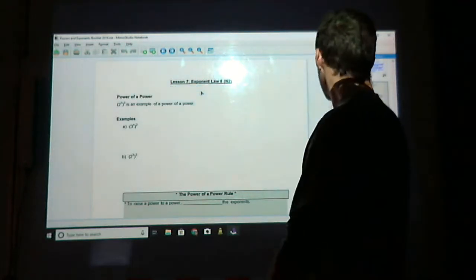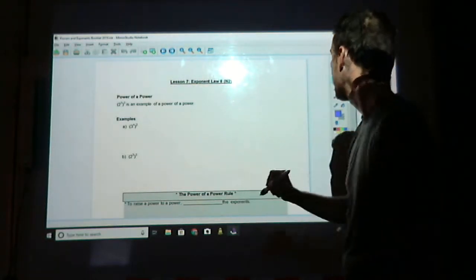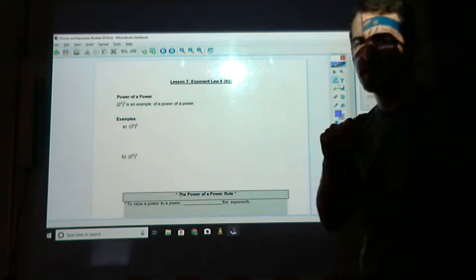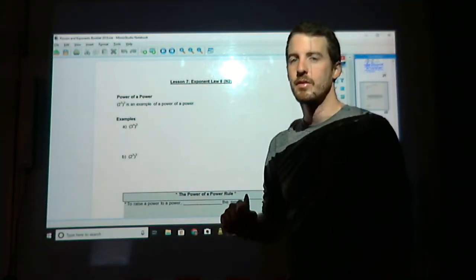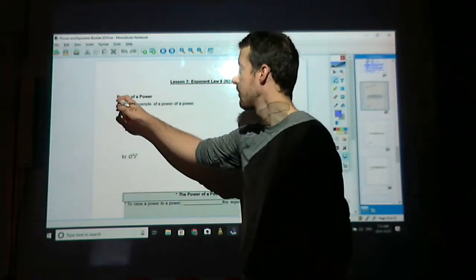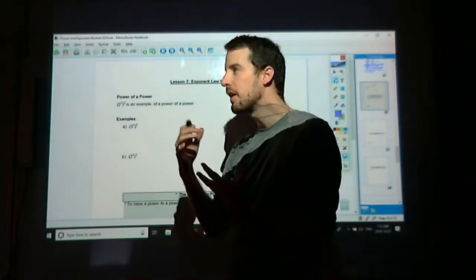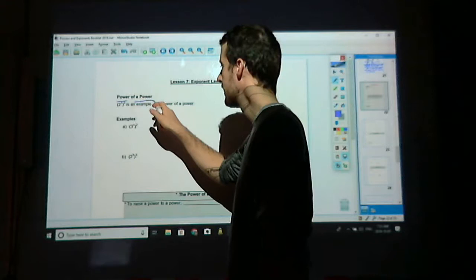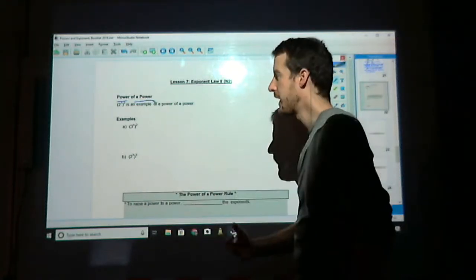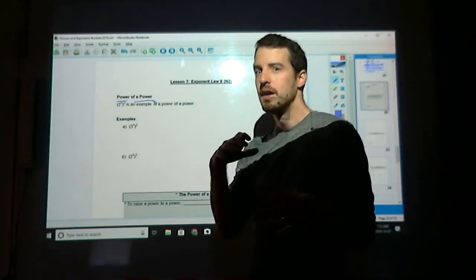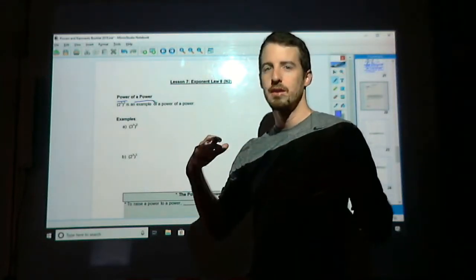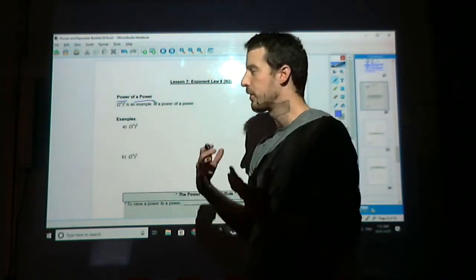Okay, so today we're going to start looking at something a little bit different from what we've been doing. Still on the theme of exponents, but now we're going to look at how we figure out the power of a power and how we simplify that. Last classes we were looking at how to multiply powers that had similar bases, different exponents, or the same exponent.